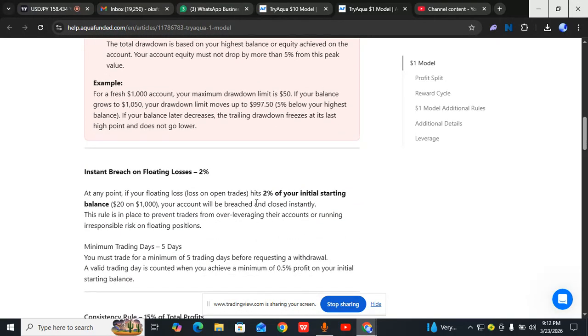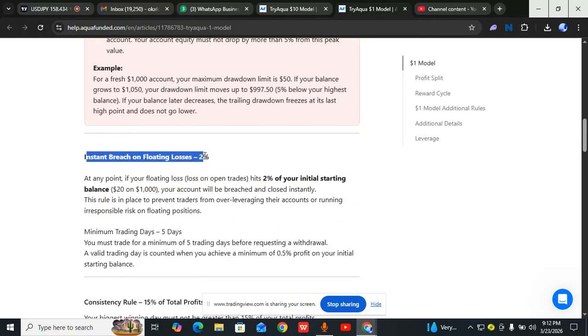Very, very important. Now, one other rule that everyone needs to also pay attention to is the 2% floating loss. So you should not at any point in time have up to or more than 2% in your floating loss. What this simply means is, let's say for example you take a trade, your stop loss on any open position or open positions must not amount to more than or equal to 2%.